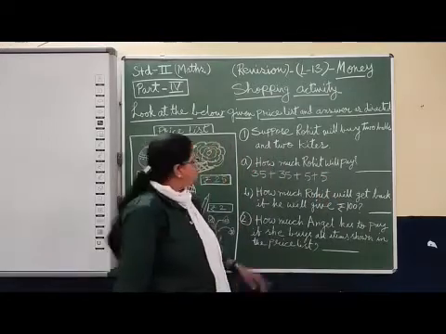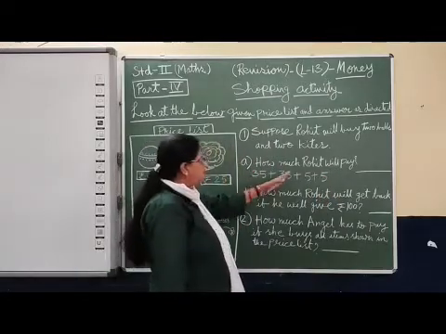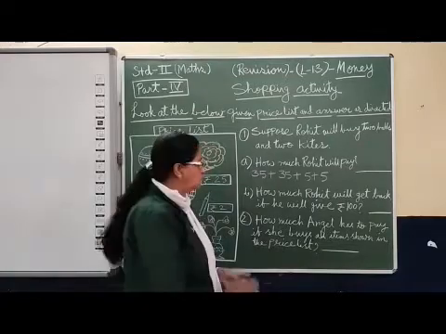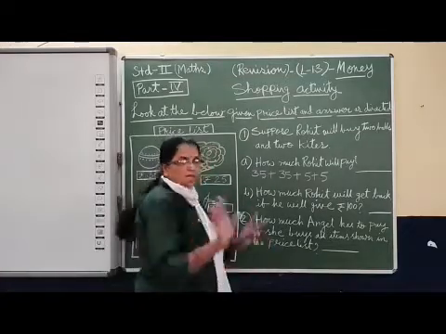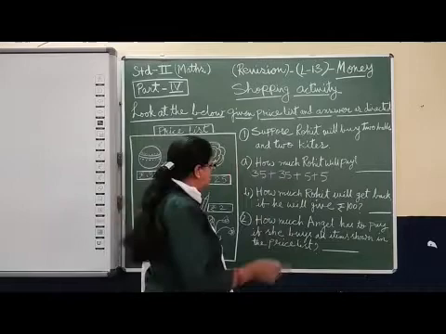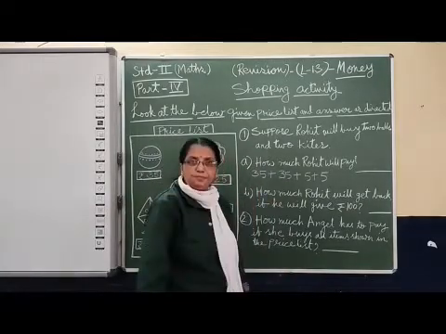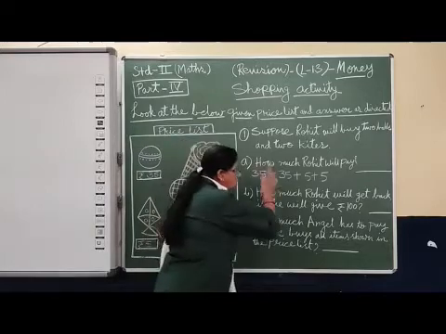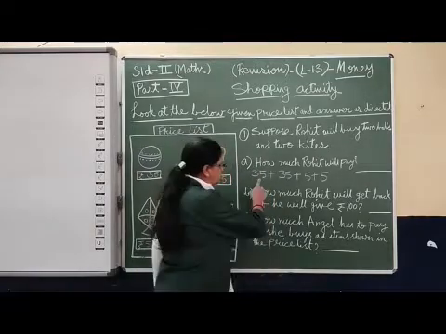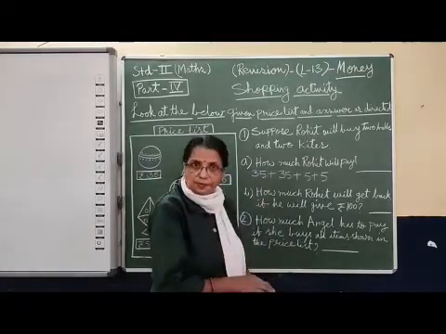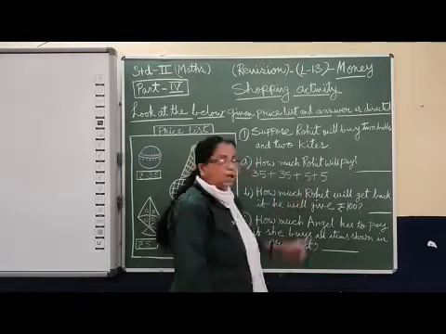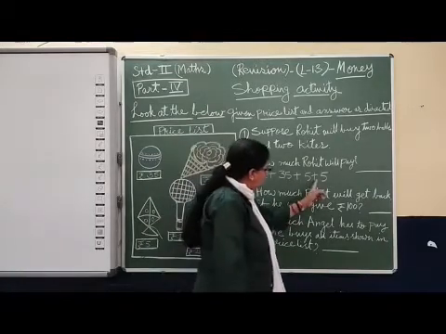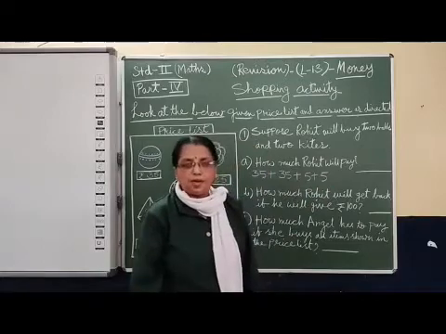Now we will add. 35 plus 35. How to count mentally? Here we don't have 35 figures. So 30 plus 30, 60. Easily you can count. 5 plus 5, 10. That means 60 plus 10 is equal to 70. 70 plus 5, 75. 75 plus 5, 80.